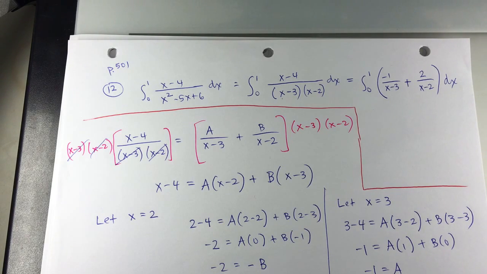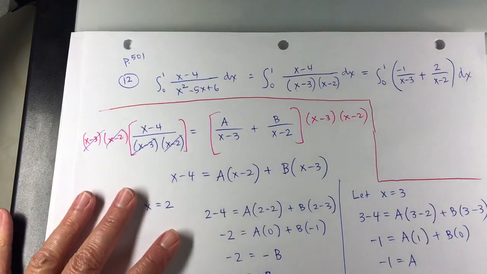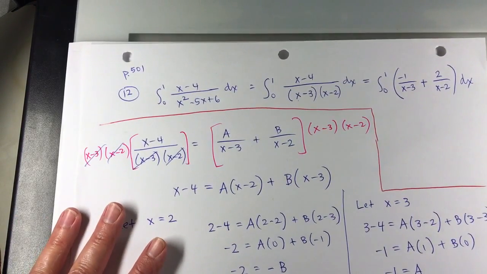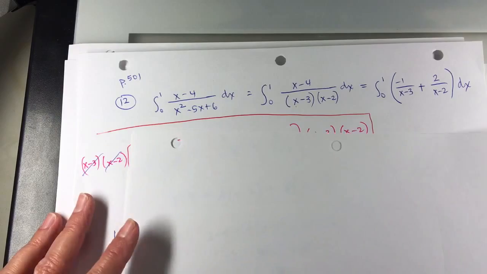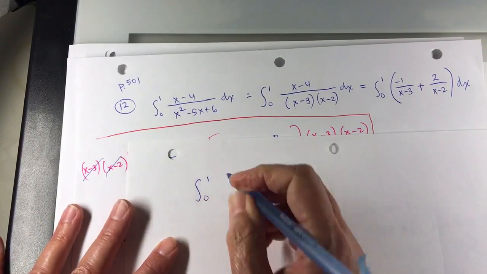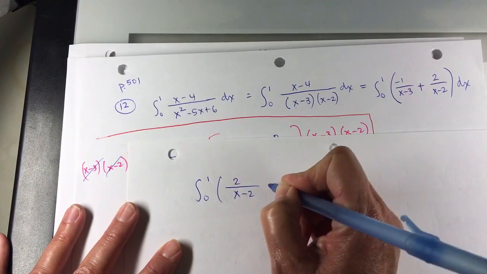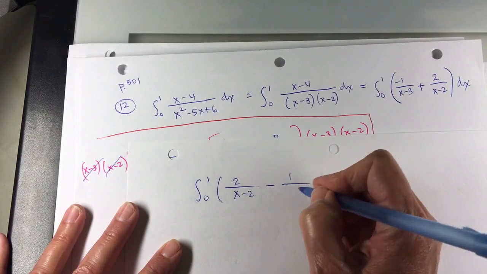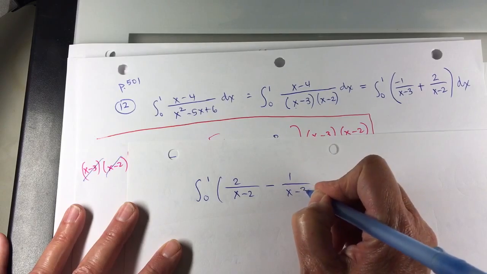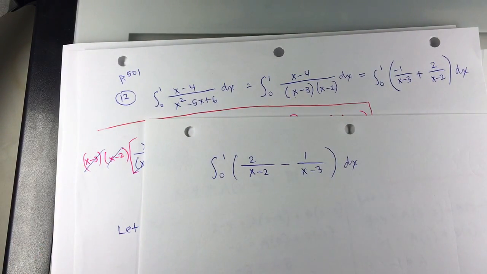I'm going to go to a new page because of it being a definite integral. So we're going to have 0 to 1. I'm going to write the 2 over x minus 2 first, and then I can just write minus 1 over x minus 3. This is two separate integrals.